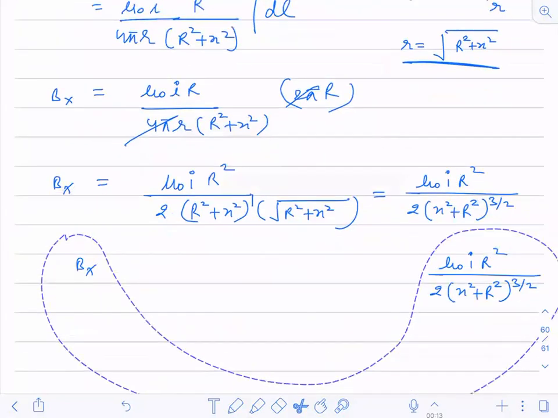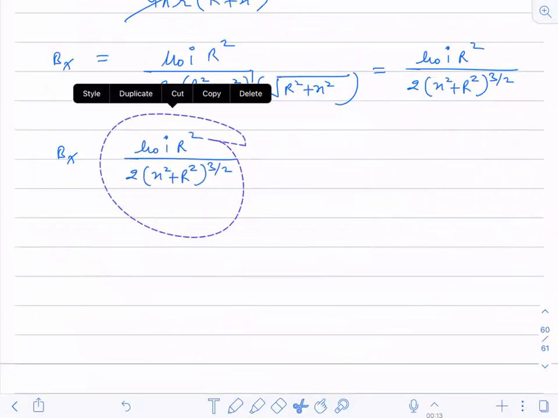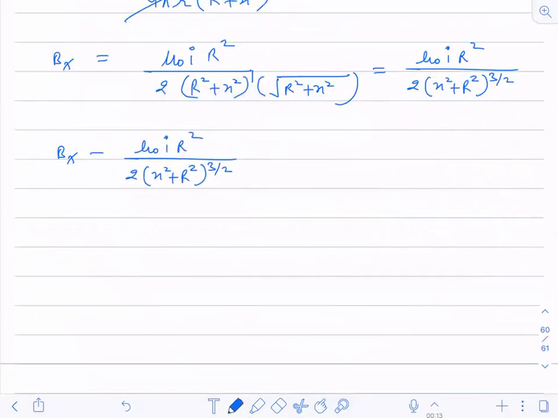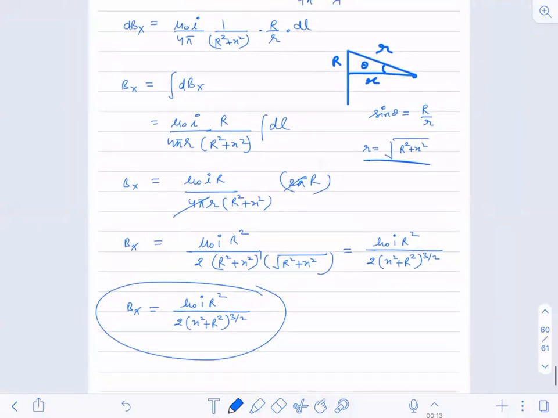This is the magnetic field at point P due to the circular ring at any x distance. The only important part here was to visualize the direction.